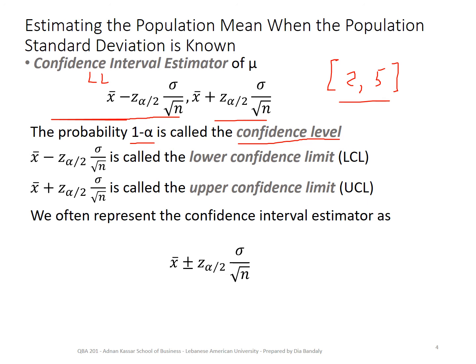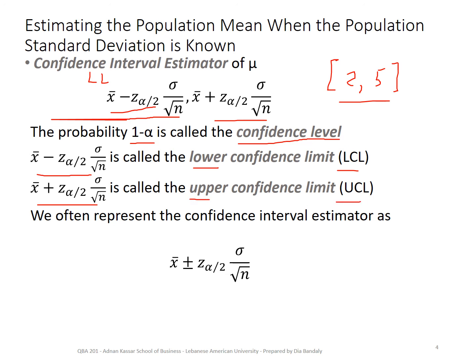And as I mentioned now many times, this part here, which I'm repeating here, we call the lower confidence limit, so LCL or simply LL. And the other one, which is the opposite, x bar plus z times sigma over square root of n, we call the upper confidence limit, so UCL.